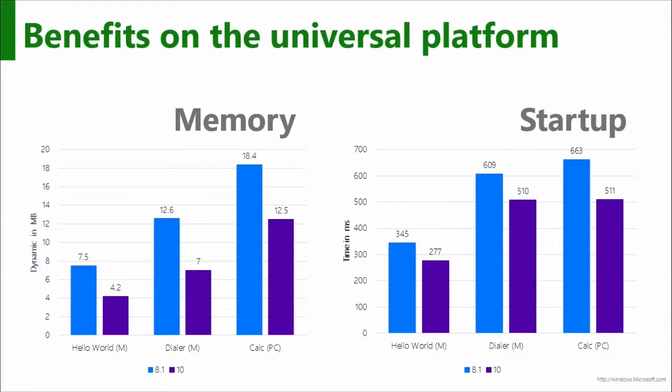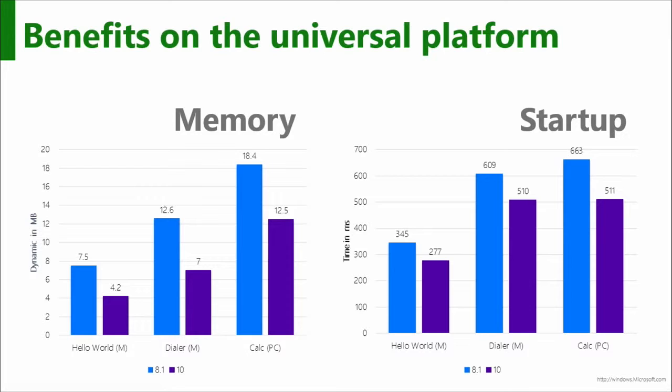And we're immediately seeing some significant benefits. That's because obviously the platform is only getting better with every rev, right? So one of the ways I can improve performance of my application is just moving it into 10 so it's a UWP app instead. You can see the benefits in memory and in startup, and there's several other places as well. These are some significant ones that are kind of fun to look at.